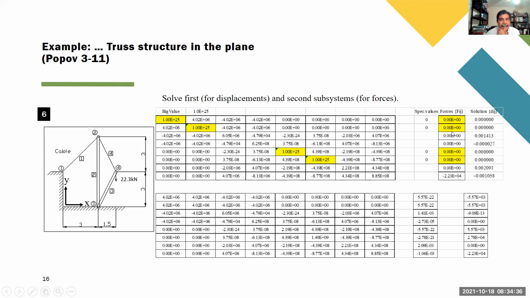And on the right-hand side, we replace it by, in this case, k11 times the value that we want. In this case, the value is 0. So k11 times 0, that's 0. Same for this one here, that's k22 times d1y. That's k55 times 0, and k16 times 0. And then we proceed for the solution.